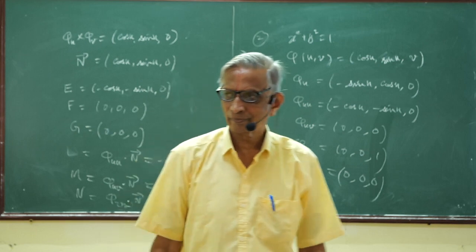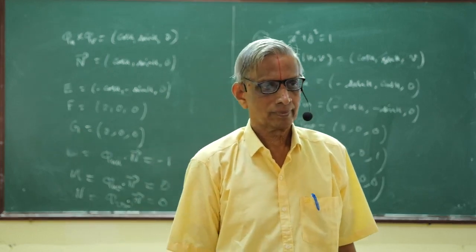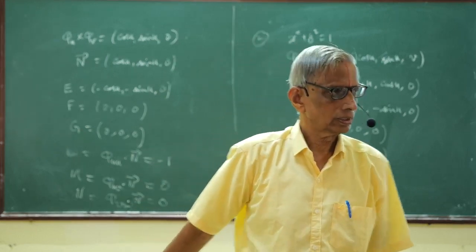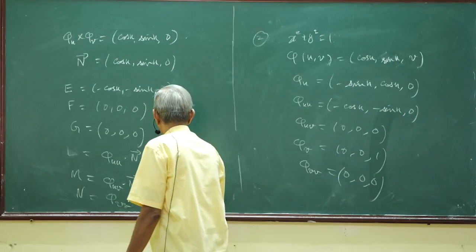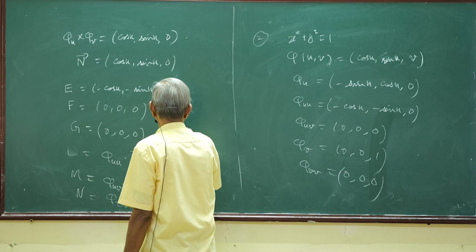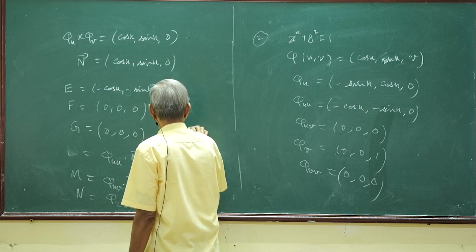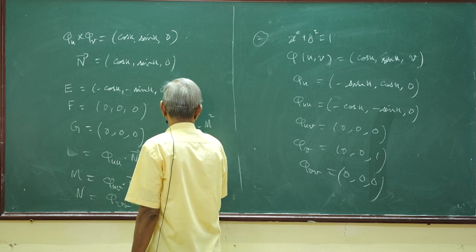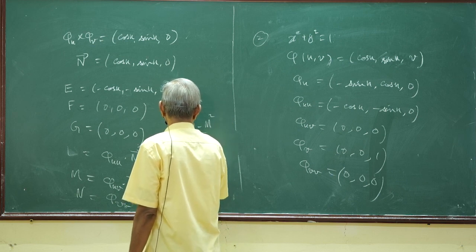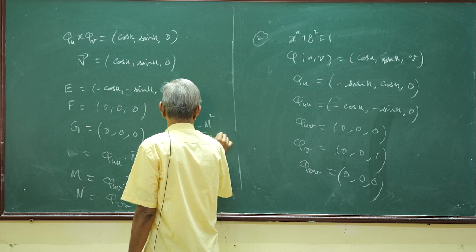Is it okay? So what is K therefore? K is LN minus M square over EG minus F square.